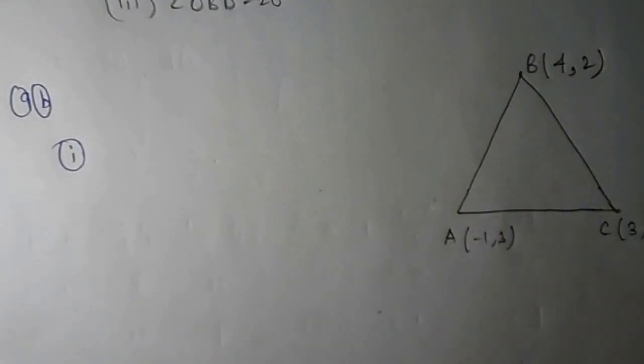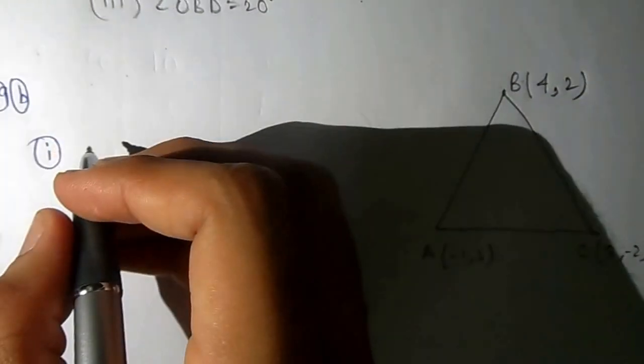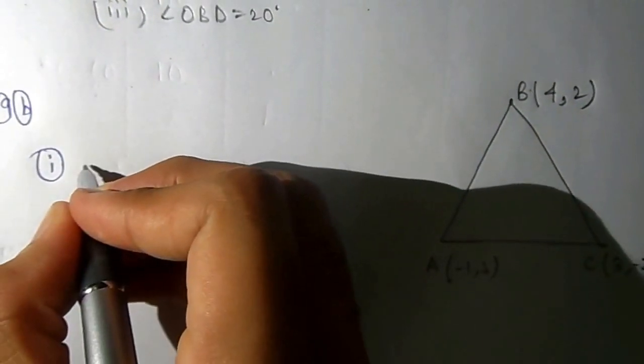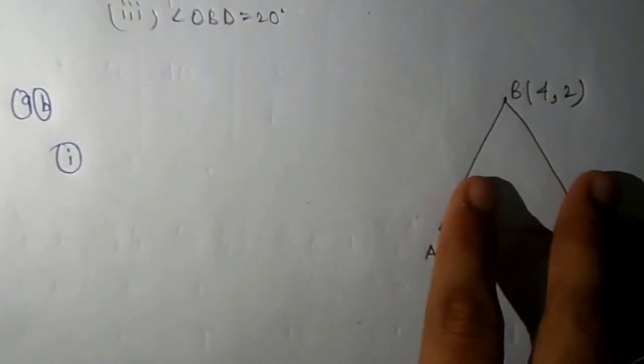So this is the figure of the triangle and let's start solving for centroid G. Finding the coordinates of the centroid is quite easy. But what is the centroid? Centroid is actually something like the midpoint of the triangle.